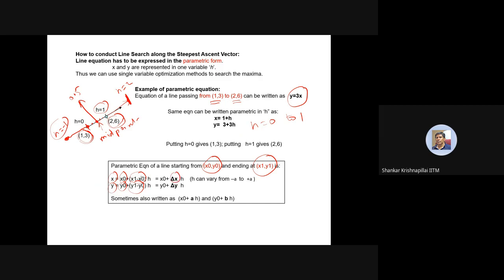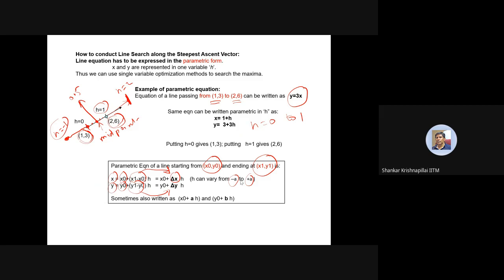Here x1 minus x0 is represented by delta x, and y1 minus y0 is represented by delta y. This h can vary from minus infinity to plus infinity, so you get all points on the line.